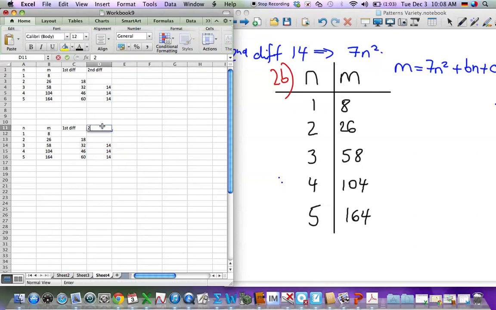And let's make sure we've got our labels. It's really important that you label your columns as you go along, because if not, you'll get really lost as to where the numbers are. That's not what I wanted to do. We've already got the second differences. Sorry about that. Let's just undo quickly. What we wanted was to list 7n squared. Okay, sorry. So equals 7 times this number squared.